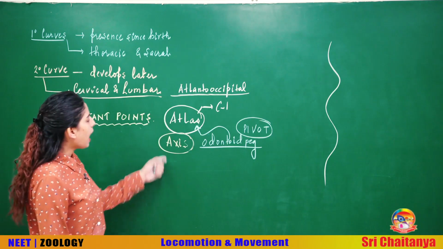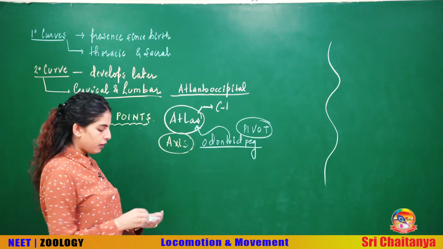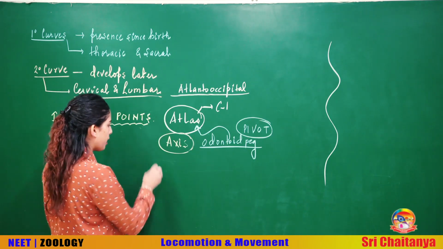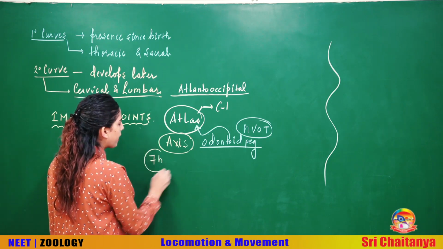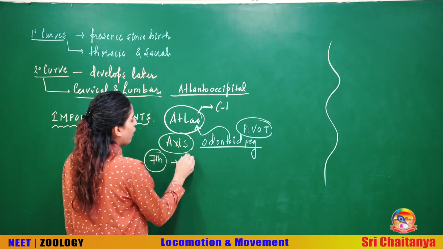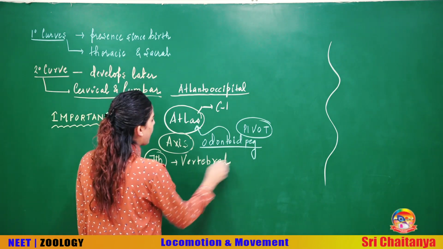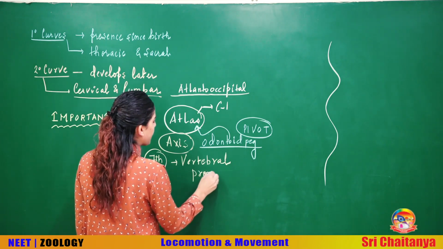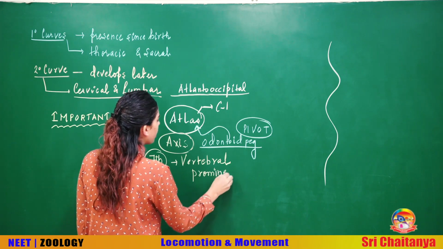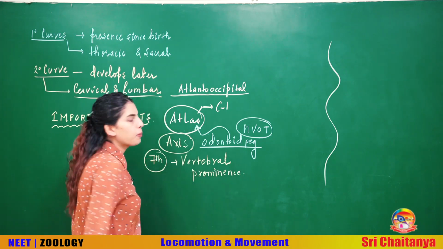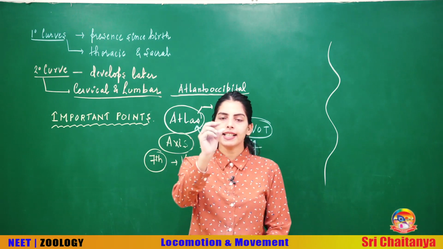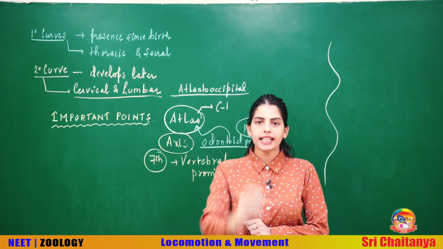Got it? Now talking about the cervical vertebrae, the seventh cervical vertebrae is called the vertebral prominence. Why is it called the vertebral prominence? As there is a tubercle, a knot-like structure.